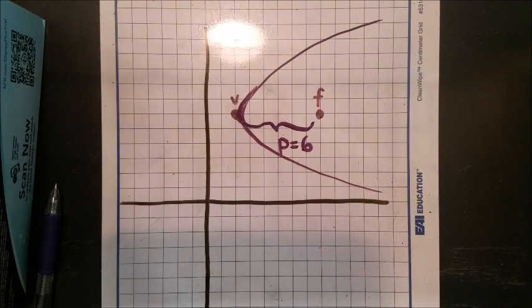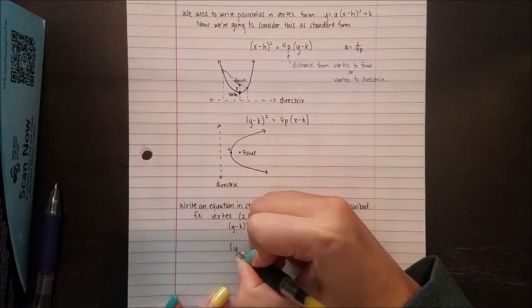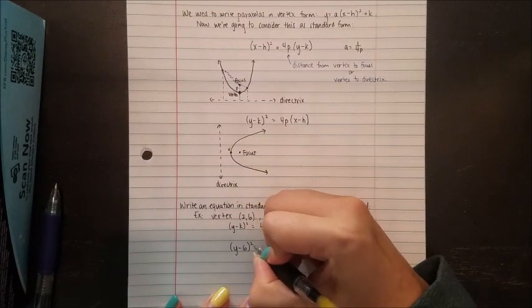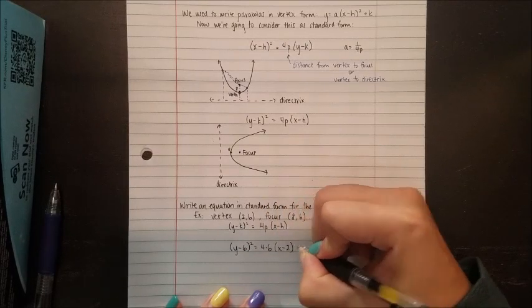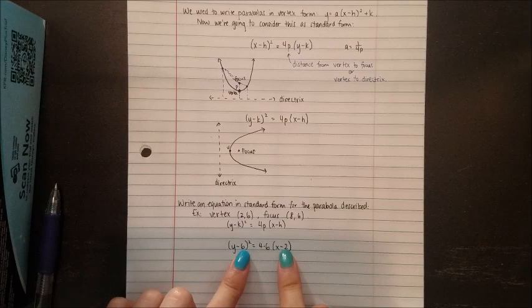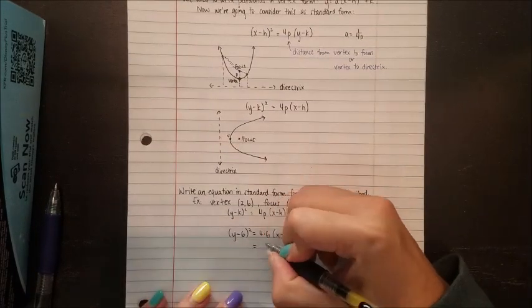Knowing that, now I can plug it into my equation. I plugged in my (2, 6) for my vertex. I have 6 for p, so I'm just going to multiply this out.